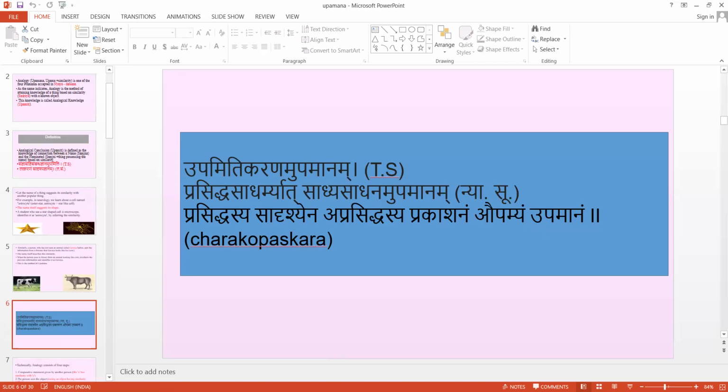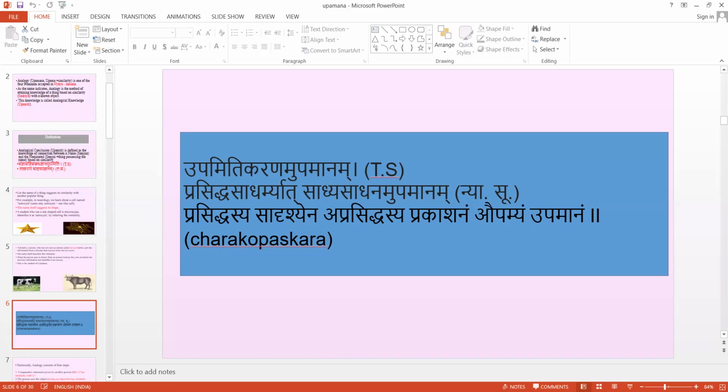Through Prasiddha Sadharmya. Sadharmya means similarity. Prasiddha means known object. With the help of similarity to a known object, you get the unknown object, the Sadhya Sadhanam. That knowledge is called Upamana.